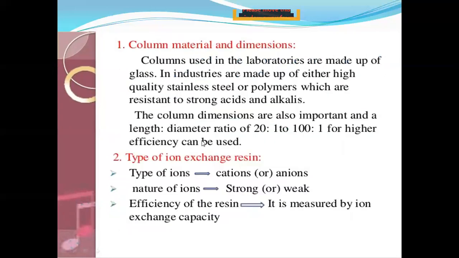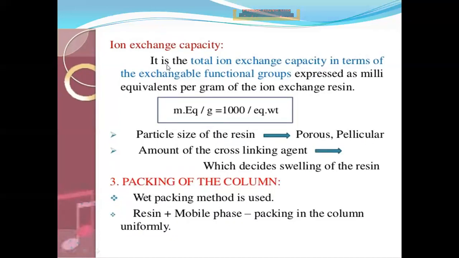Ion exchange capacity is nothing but efficiency, and we generally measure it in milliequivalents per gram. It is the total ion exchange capacity in terms of exchangeable functional groups, expressed as milliequivalents per gram of the ion exchange resin.